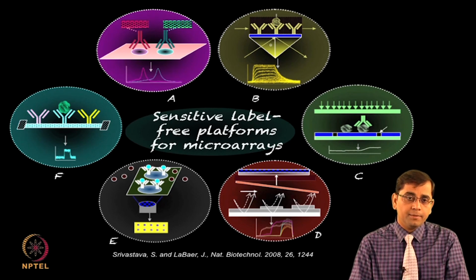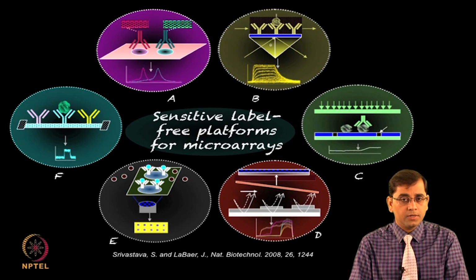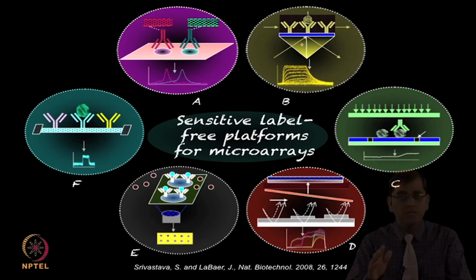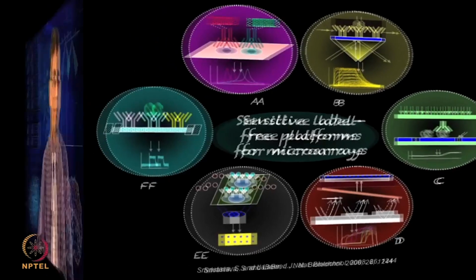Panel D describes SRIB, as we talked about earlier, which is based on the light reflected from the silicon dioxide surface. Panel E shows a planar waveguide array system for fluorescence imaging. Panel F shows nanowire sensor arrays where proteins bind specifically to their receptor on the nanowire and produce a change in the conductance.